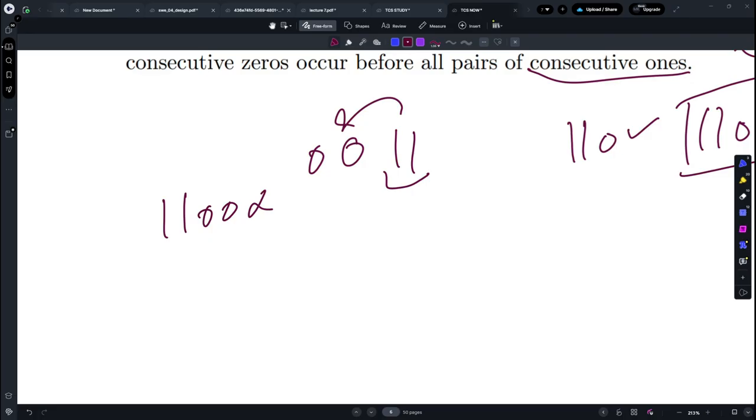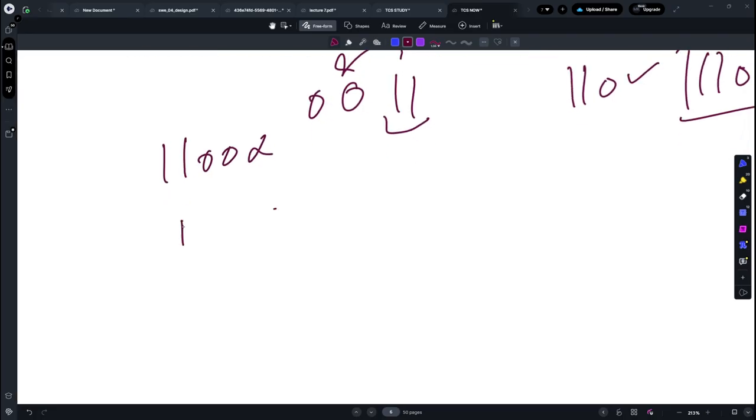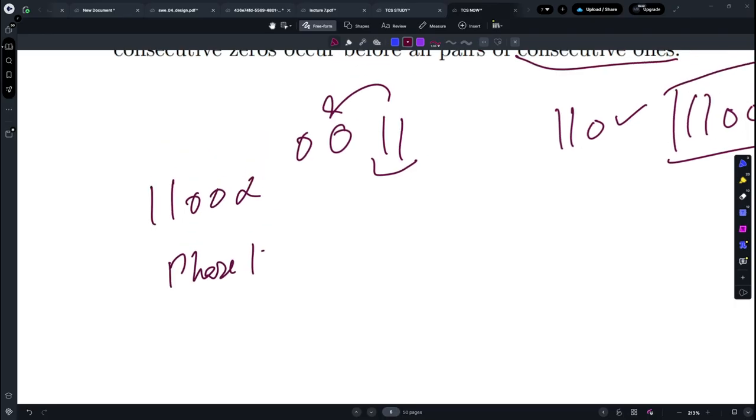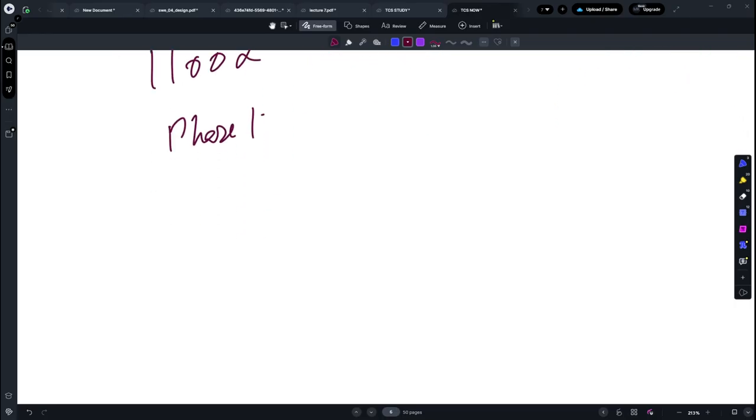So phase 1 will not have 1, 1, meaning we can lock it this way: 0 or 1, 0 as many times as you want. But in this way, with phase 1, you can never make 1, 1.